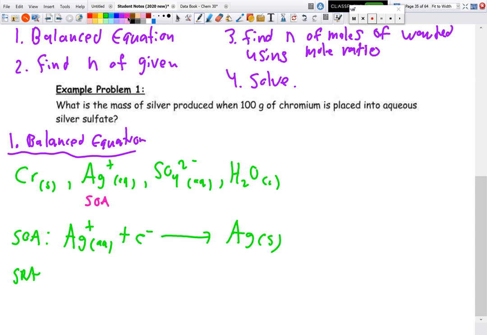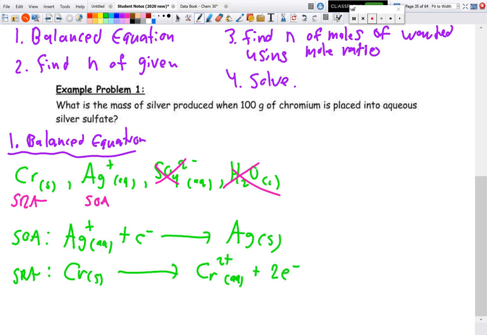I'll label the chromium as our strongest reducing agent as well, knowing that the sulfate doesn't do anything and neither does water. So for our strongest reducing agent half reaction, we have chromium solid producing chromium 2+ and 2 electrons.